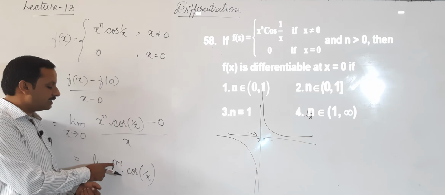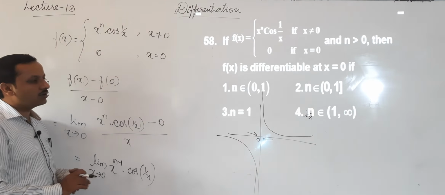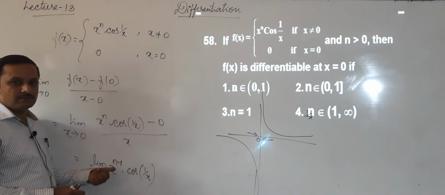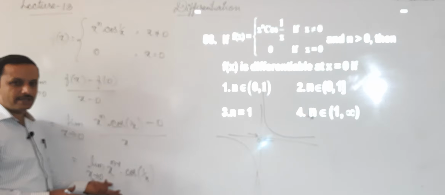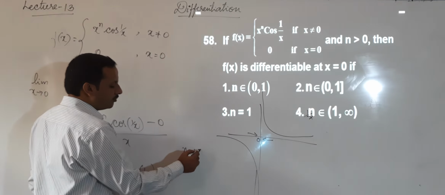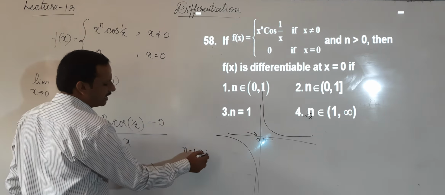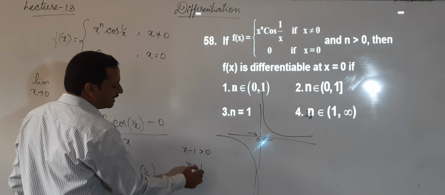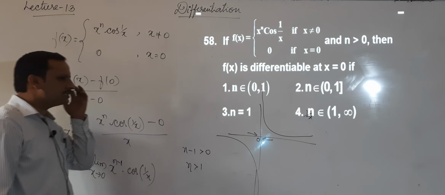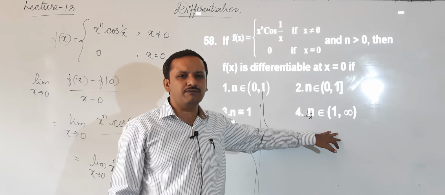If I put n is equal to 2, then 2 minus 1 is 1, x into cos 1 by x, this limit is equal to 0. So that means n minus 1 should be greater than 0. That means n should be greater than 1. So greater than 1 means n belongs to open interval 1 to infinity.